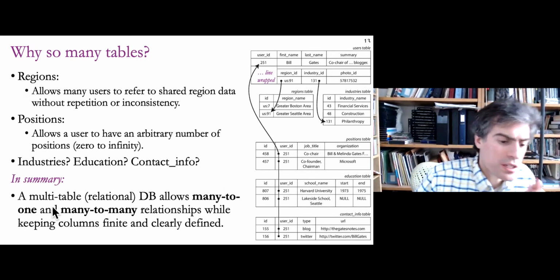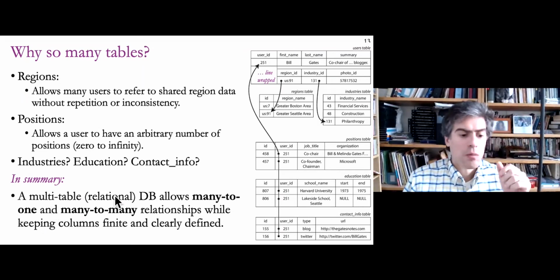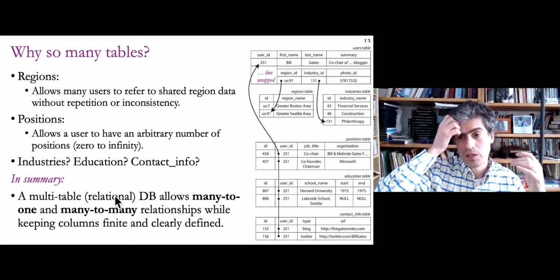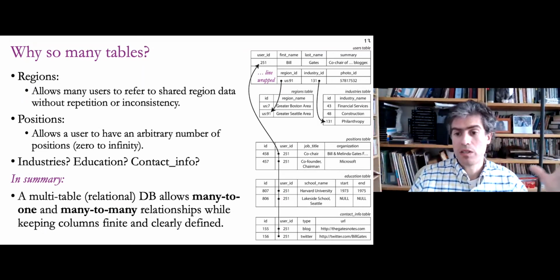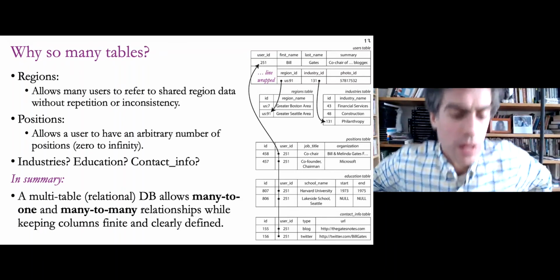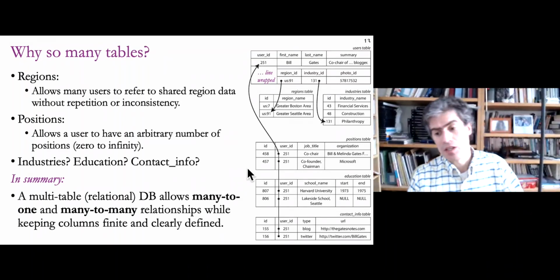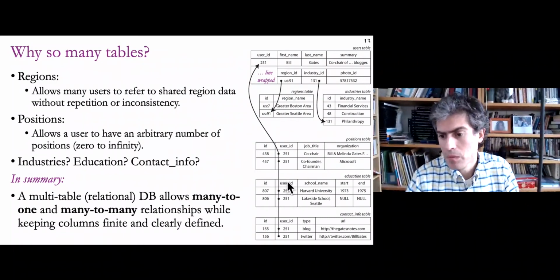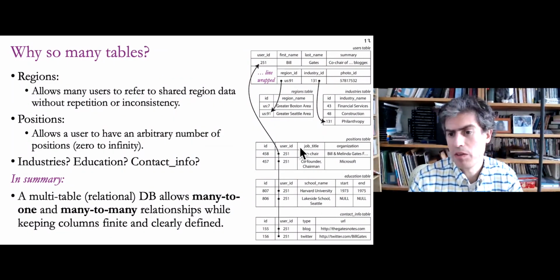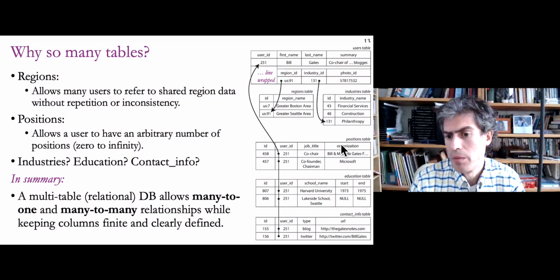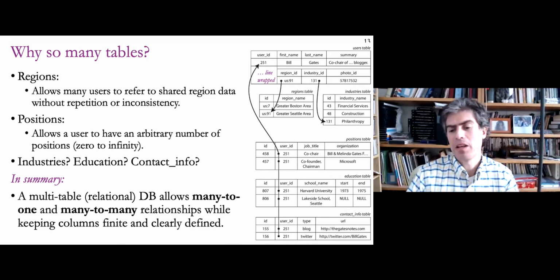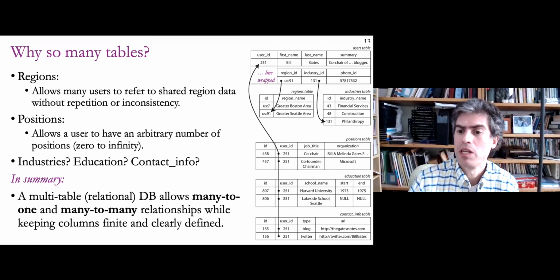Okay, so to summarize this, when we create a multi-table schema, if we store our data under multiple tables, that allows us to have many-to-one and many-to-many relationships. This one doesn't have any many-to-many relationships, but depending on how you view this, you could view a user as a many-to-many relationship between regions and industries.